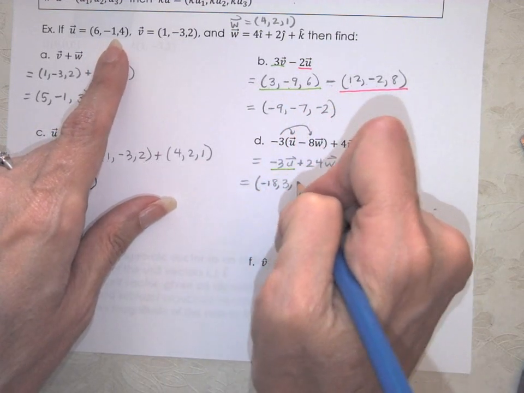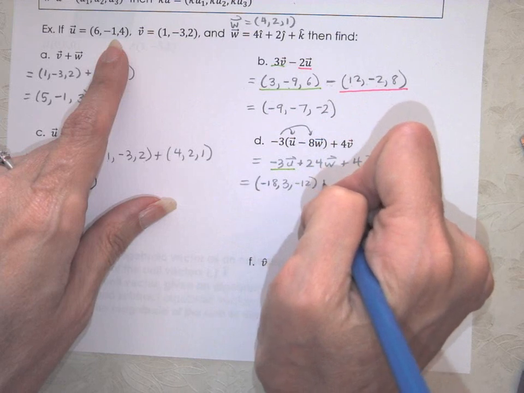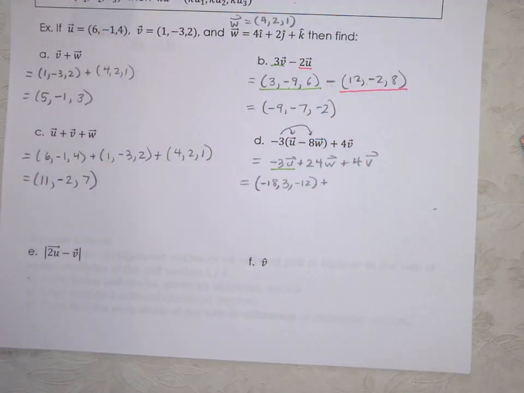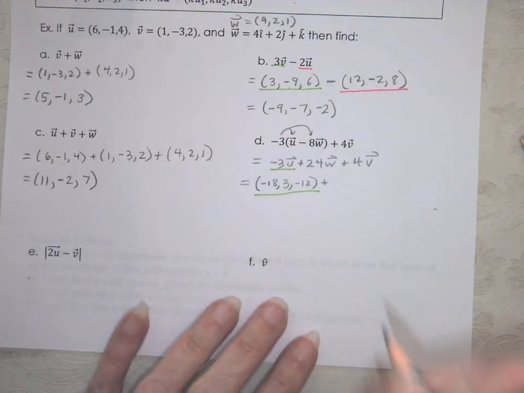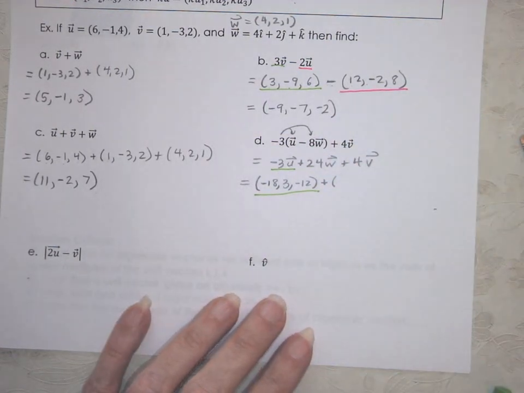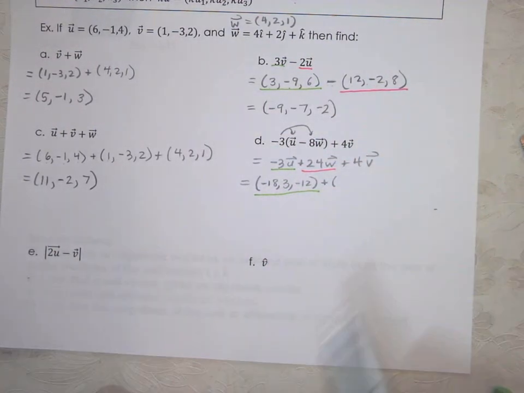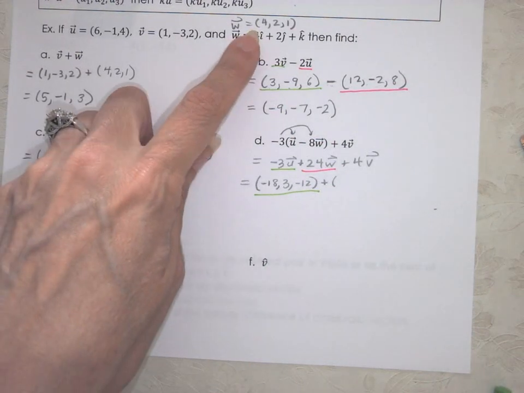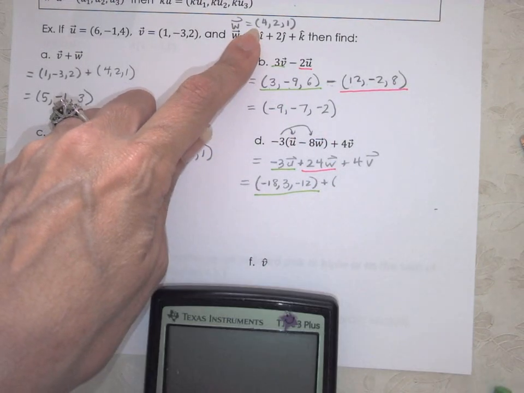positive 3, negative 12, plus, the next vector I write down represents 24 vector w's. I'm looking at vector w and multiplying by 24.